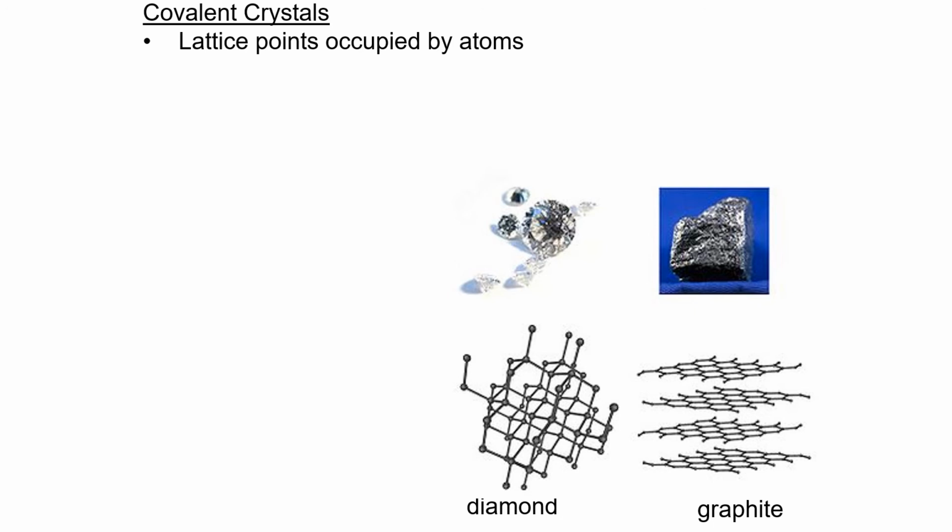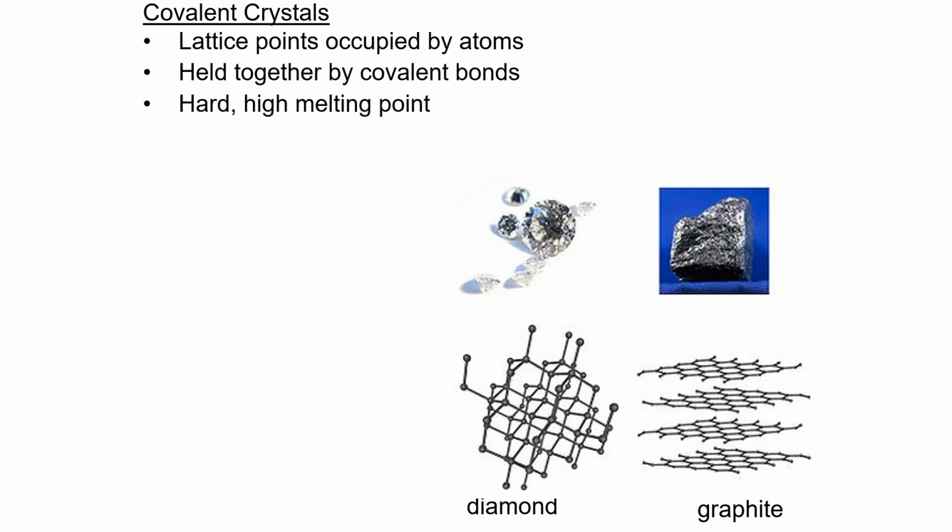And we are looking at allotropes of carbon. I don't remember if we've discussed those before, but I thought we had. At any rate, in a covalent crystal, those lattice points are occupied by atoms, and thus they are held together by covalent bonds. Hard with high melting points.